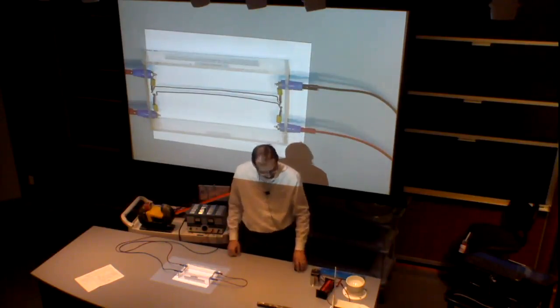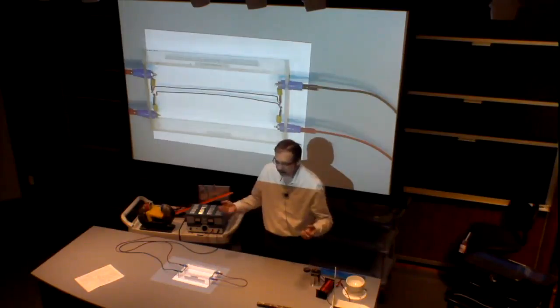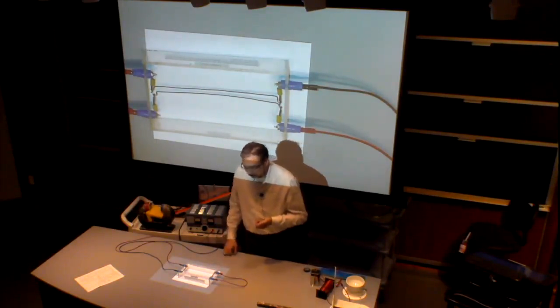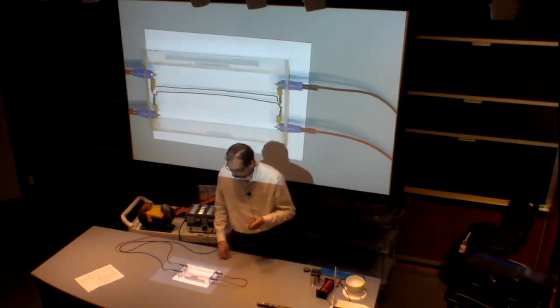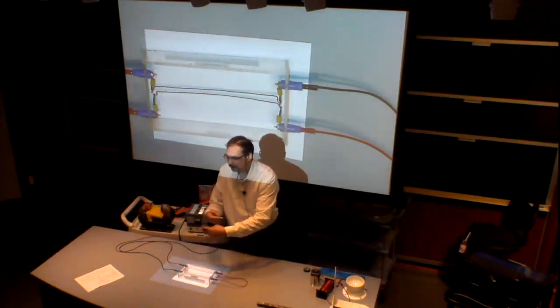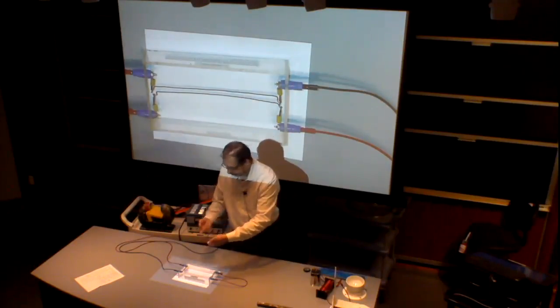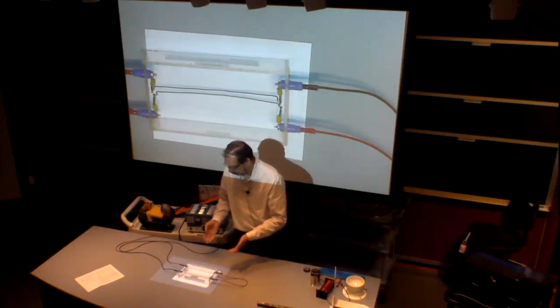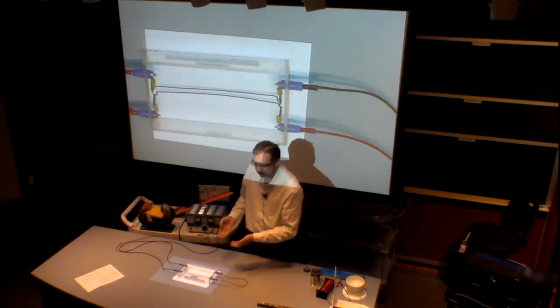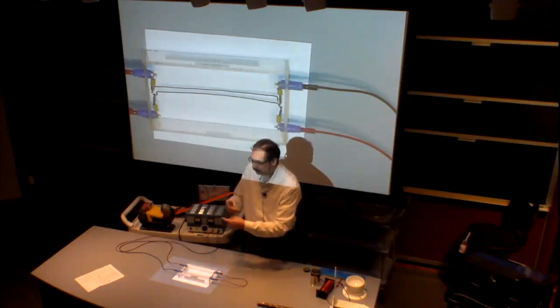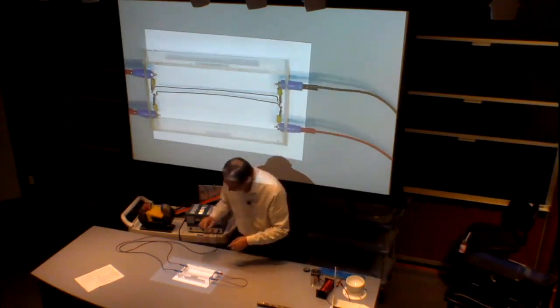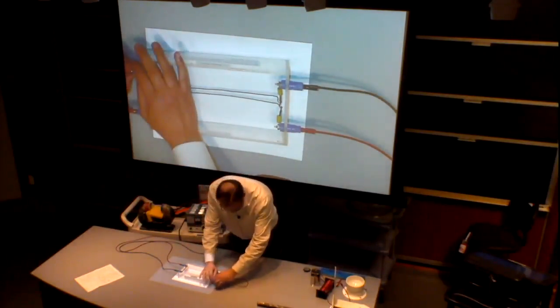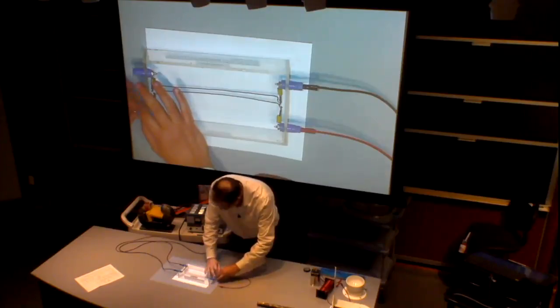That's a repulsion. We had a very similar situation with two charges. If we had two negative charges, they repel each other. Now we have two wires with opposite currents, and the experiment tells us they repel each other. And by the way, can we make them attract each other? Well, of course, if they repel each other when they're opposite, that means if we change the direction of one current, they should start attracting each other.